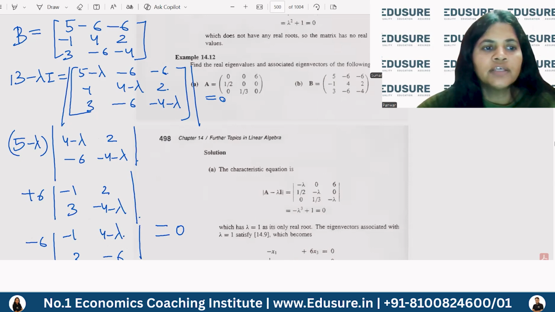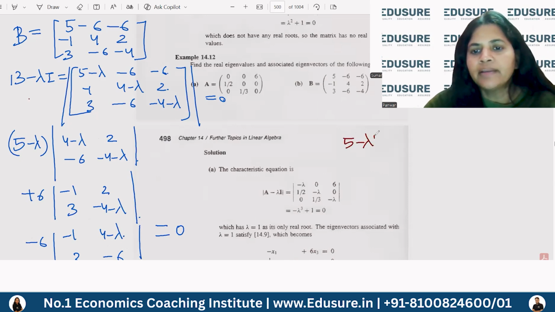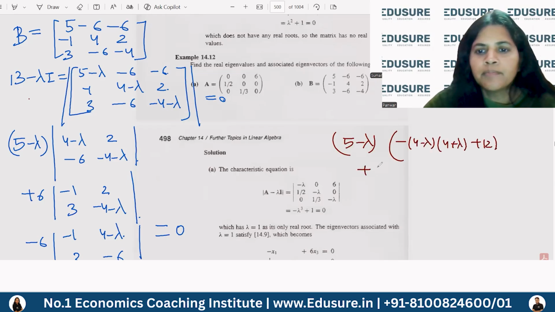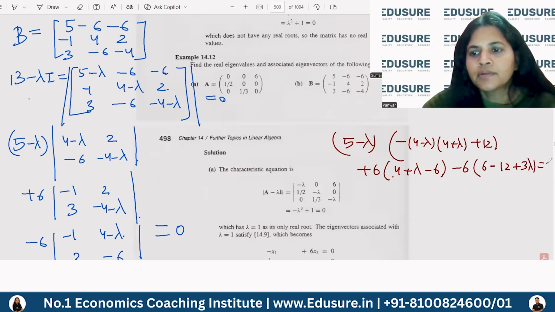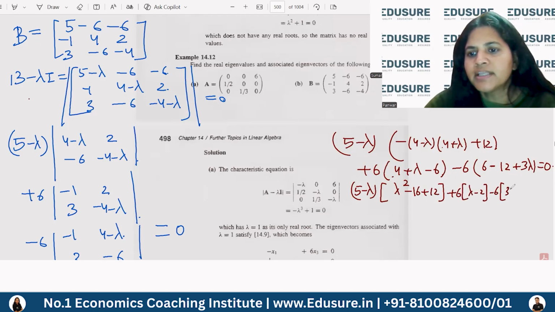Let us try to solve this. I will be getting (5 minus lambda) times minus (4 minus lambda)(4 plus lambda) plus 12, plus 6 times (4 plus lambda) minus 6, minus 6 times (6 minus 12 plus 3 lambda). This should be equal to 0. So 5 minus lambda, this is lambda square minus 16 plus 12, plus 6 lambda minus 2, minus 6, 3 lambda minus 6, is equal to 0.